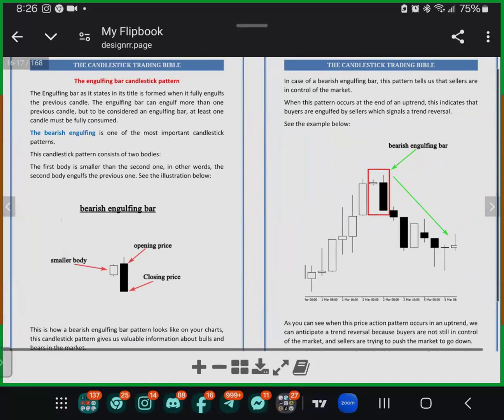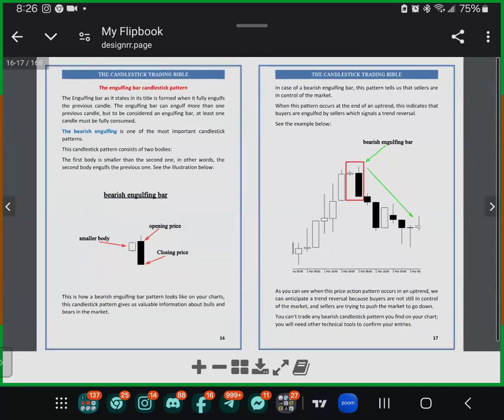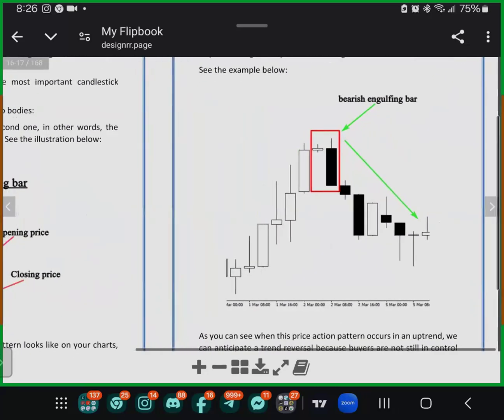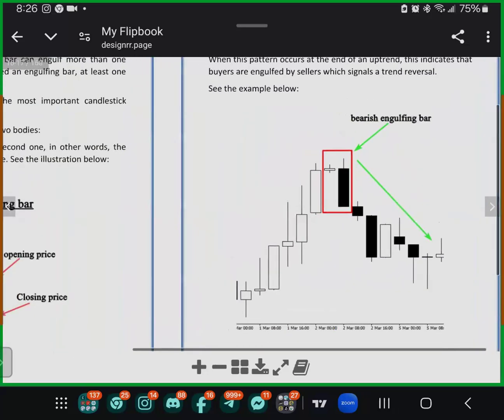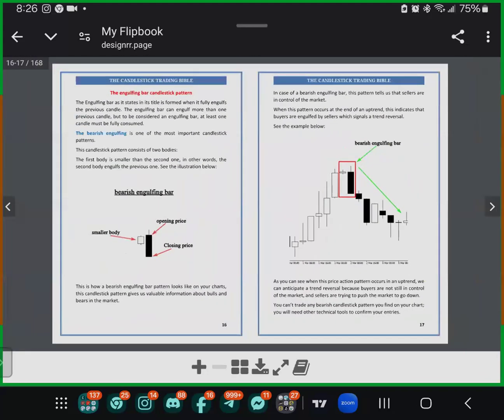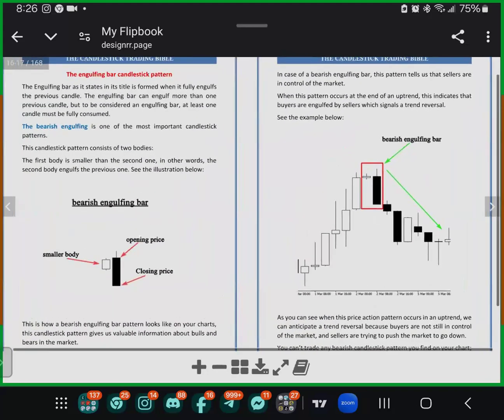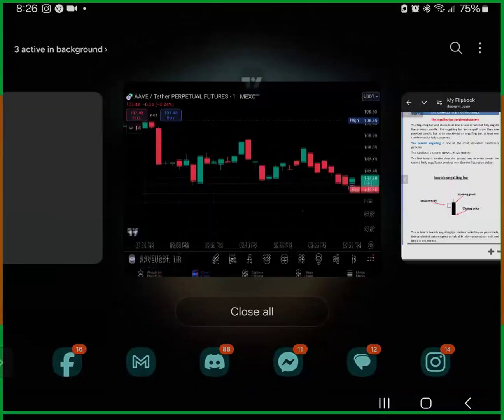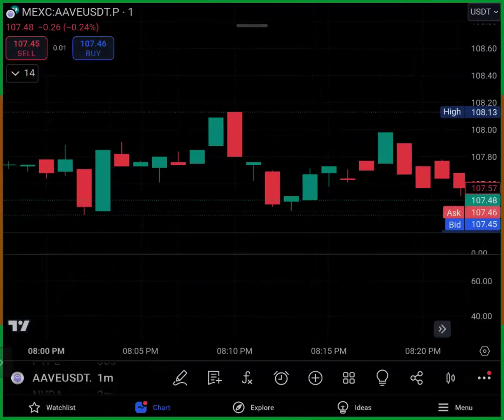So it's hovering over the green candle. And that's what you call a bearish engulfing candle. Usually when you see this at the top of a chart, we're assuming that it's going to go down.